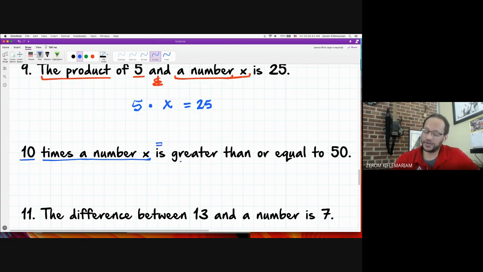Over here it says greater than. So actually this one is a little tricky. Greater than or equal to. So tell me what to write.